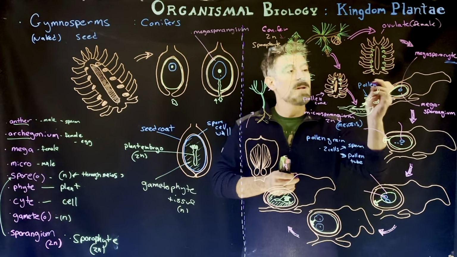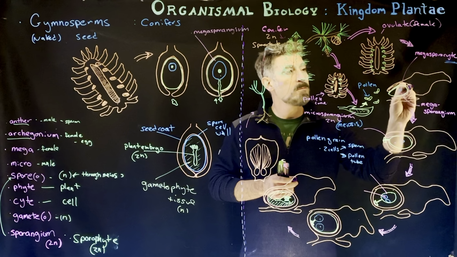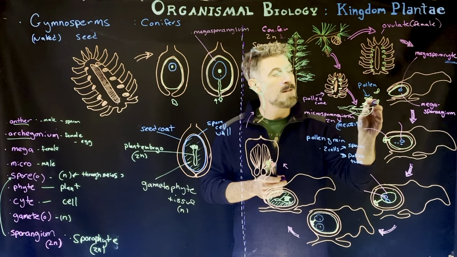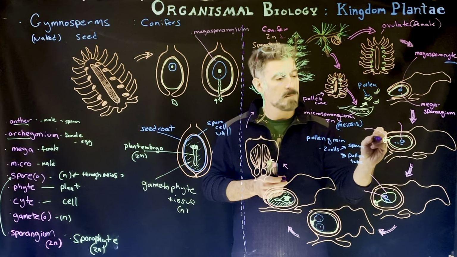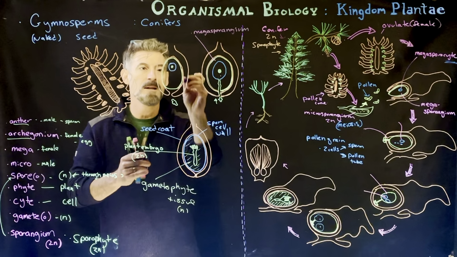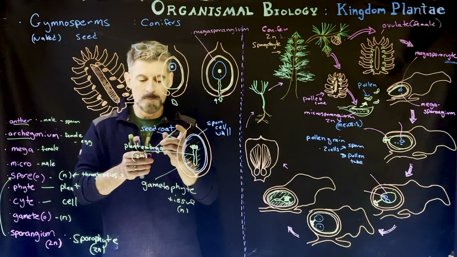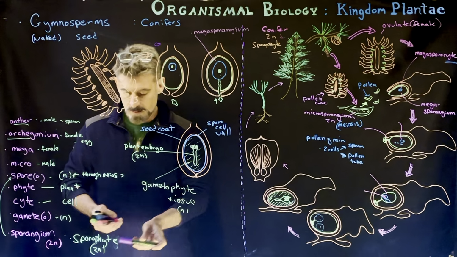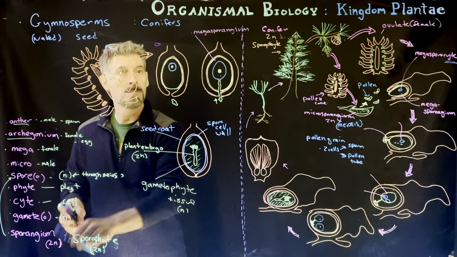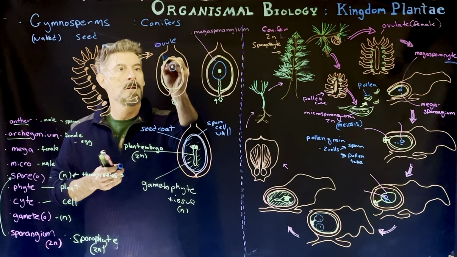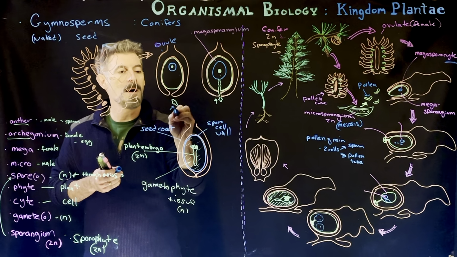So the pollen is distributed by air, and eventually it'll reach a female cone, the ovulate cone. And then the pollen will come into something here. So here's a zoomed-in example of it. This is from the female cone. This is the ovule. That's not so visible. Here, and this is representing the pollen.